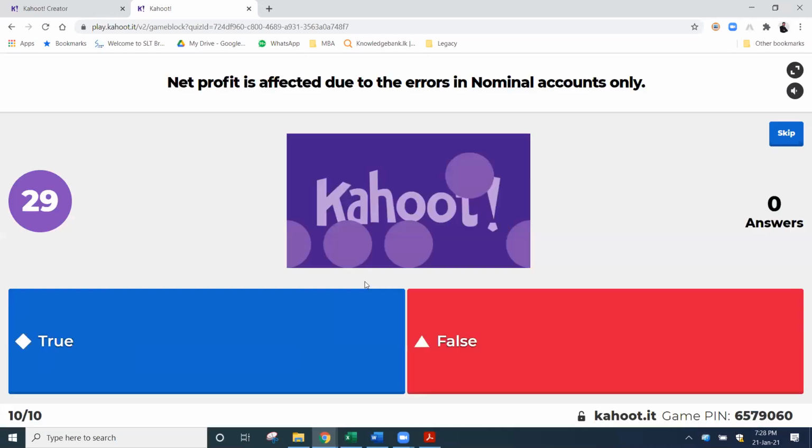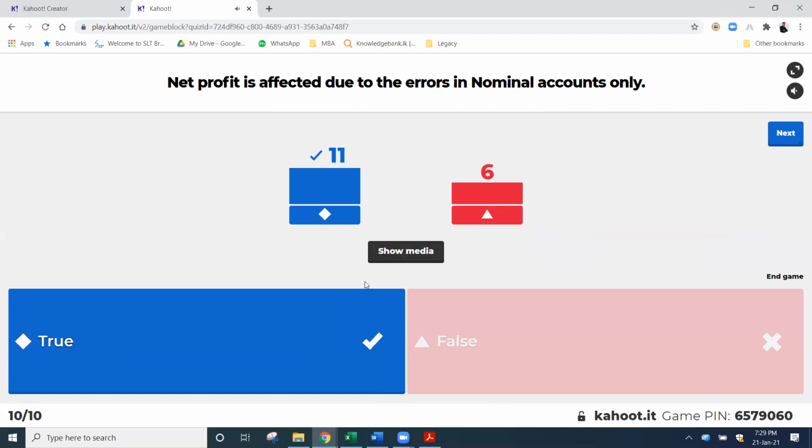Net profit is affected due to the errors in nominal accounts. Yes.